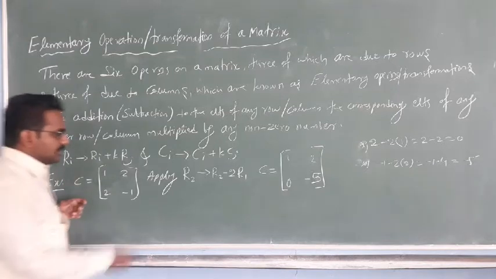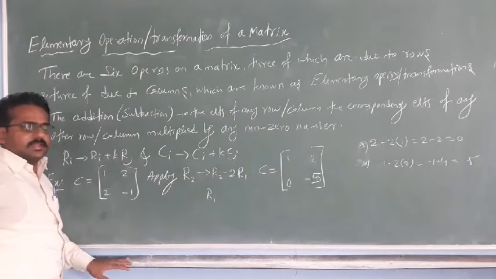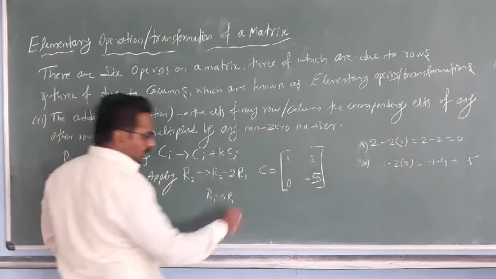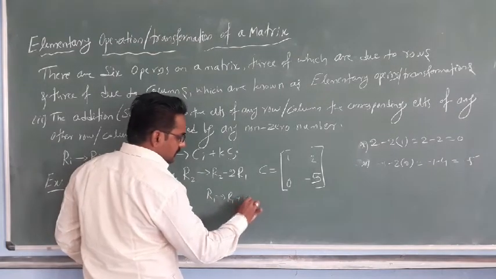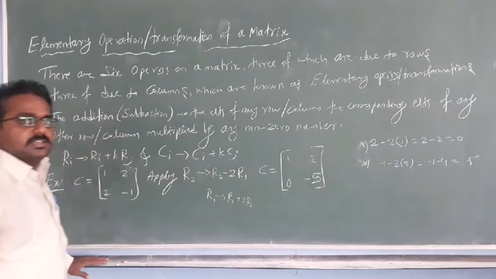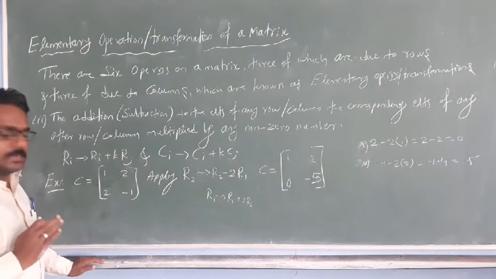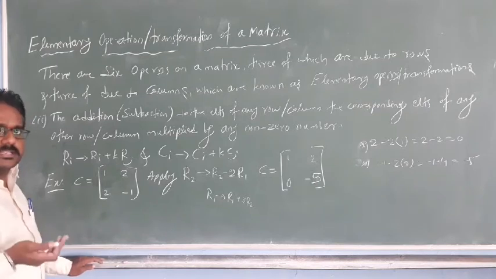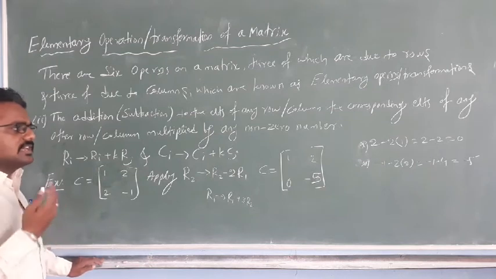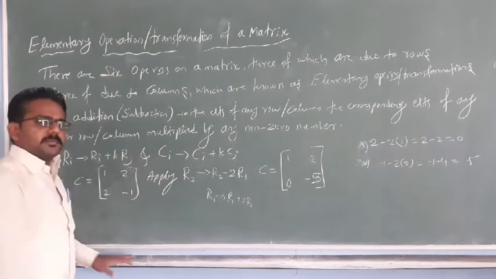For example, I take row 1 from the given matrix and perform R1 plus 3 into R2, other than R1 itself. R1 changes to R1 plus 3R2, or minus 3R3, whatever operation is needed. We can apply the column operation also.